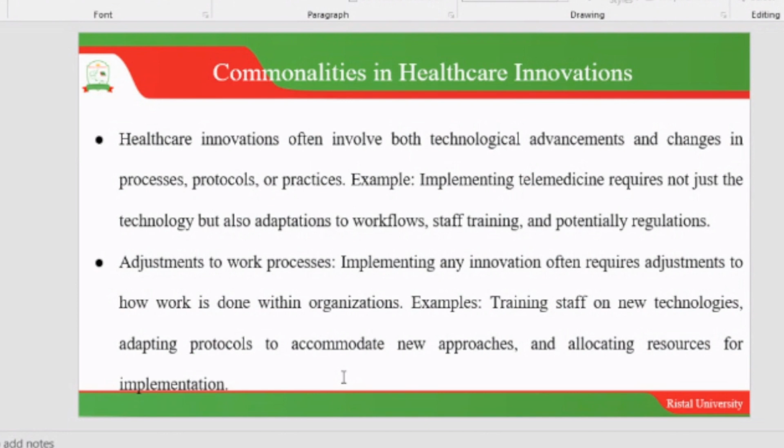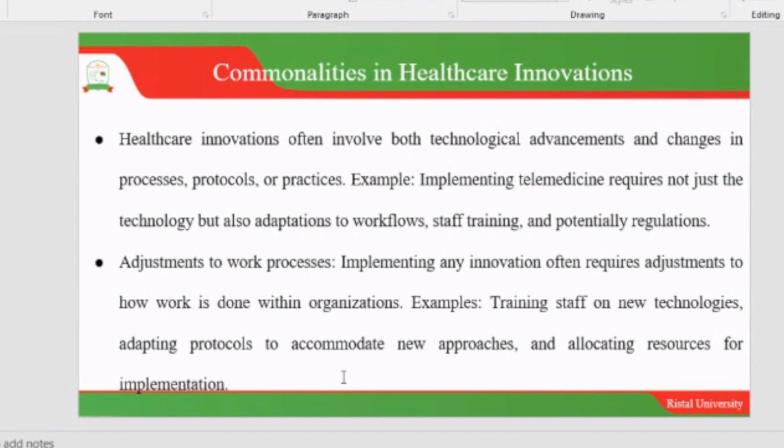Okay, so if you put in place telemedicine whereby people can access drugs, they can access consultations online, you need to train staff to use such platforms, okay? You need to train them to attend to these patients at any time. So there you have to adapt to the workflows.